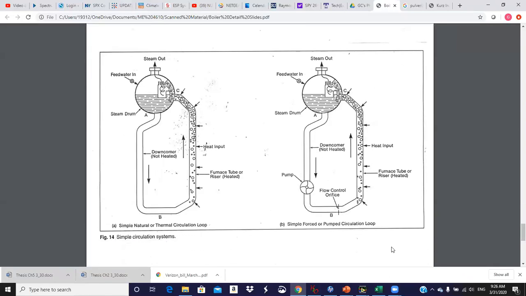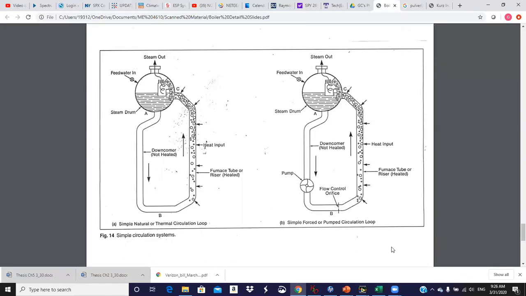All right, clockwise, here we go. Okay, so this is my picture to discuss natural versus forced or pump circulation.